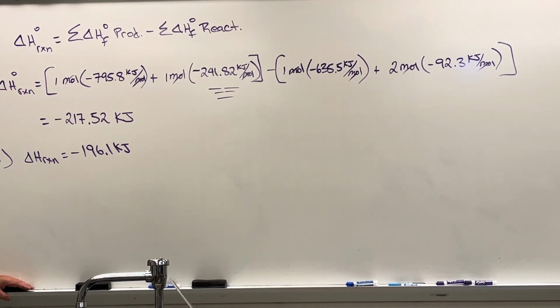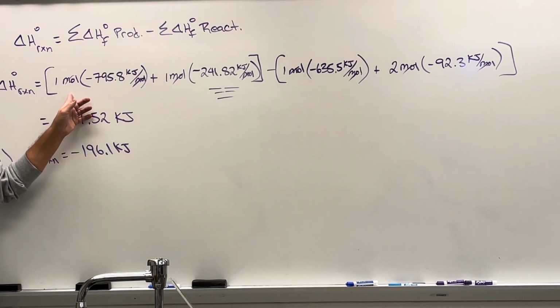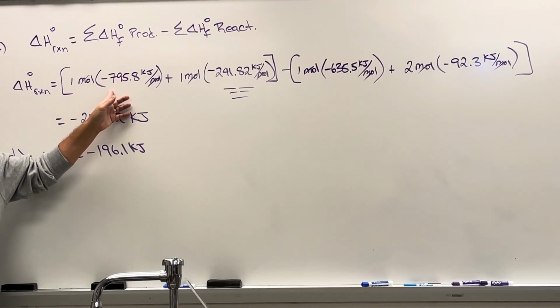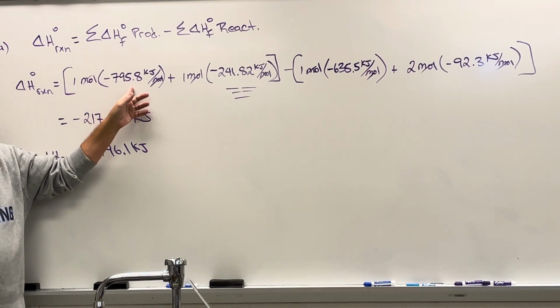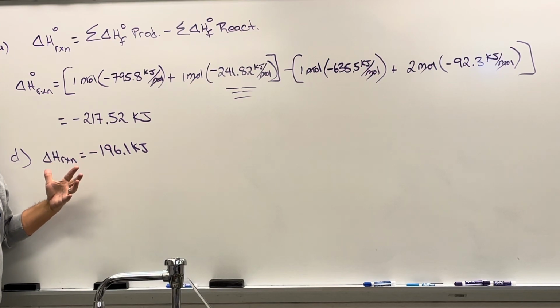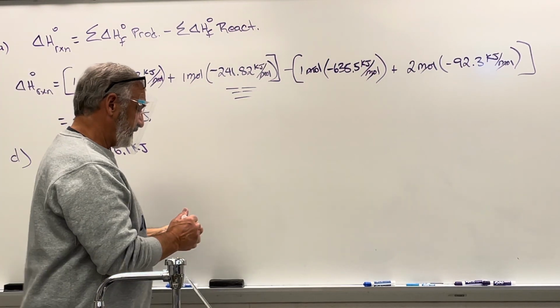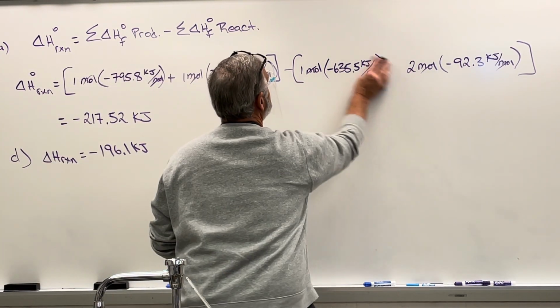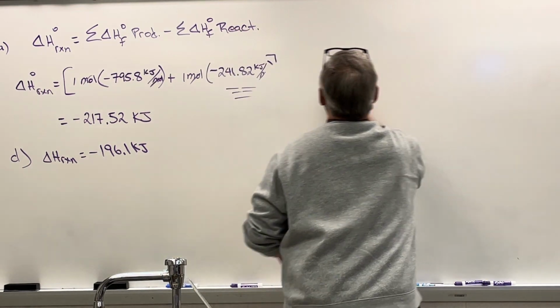Do I need to go over this one as far as where the values came from for anybody? Okay, so we're all comfortable. It's going to be the exact same format, just multiplying coefficients times the heat of formation. Moles times heat of formation, and then just add them up. So that's pretty straightforward. We like this equation. We like these types of problems. They're relatively easy.